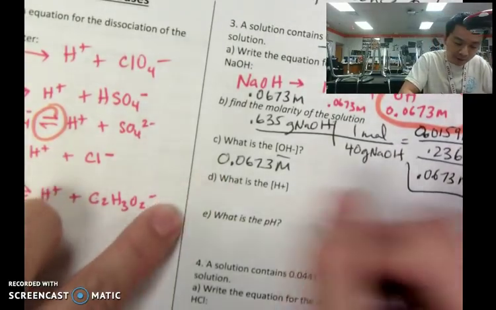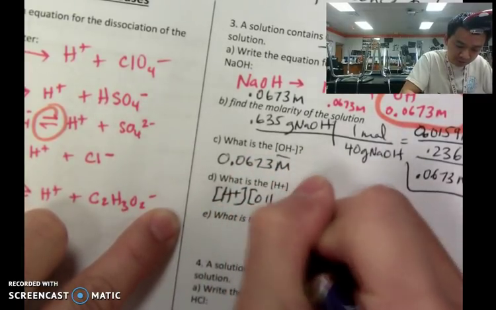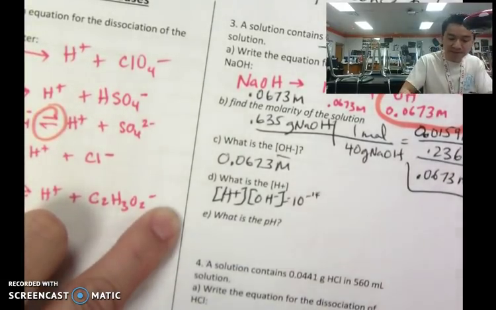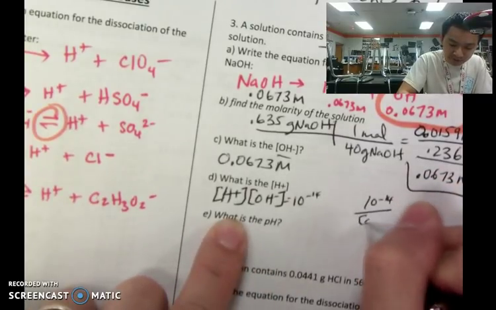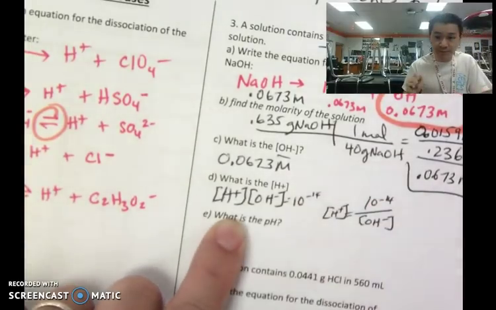Okay. And so how do I find the concentration of H plus? Remember, H plus times OH is equal to 10 to the negative 14. So basically I take 10 to the negative 14 divided by OH to get my H plus. We've done this. This is a review.